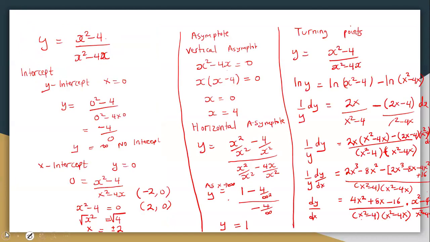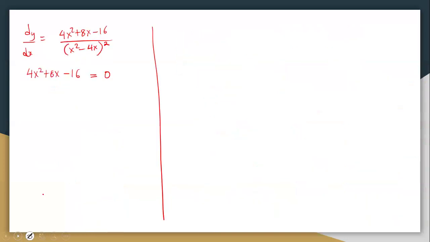This is negative 4x, negative 8. This is negative 8x squared plus 4x squared. Okay, thank you. This is supposed to be negative.